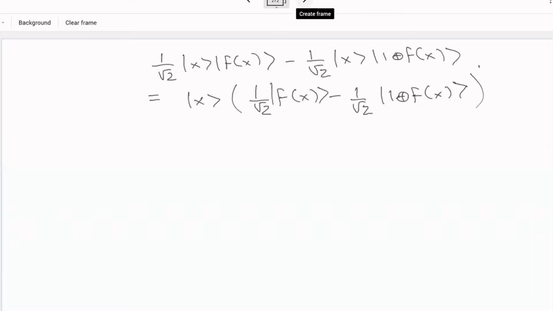Is f of 0 equals 0 parity? Sorry, what do you mean by that question? Could you help me clarify?